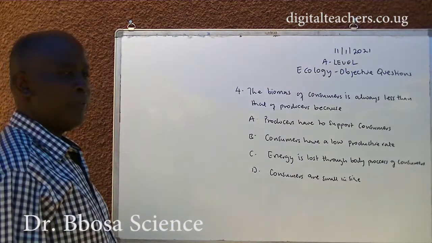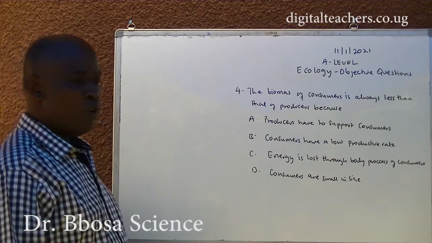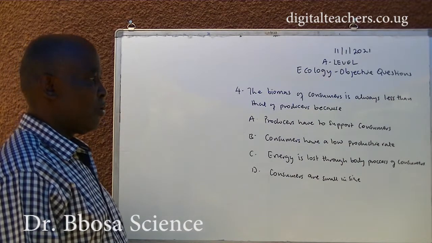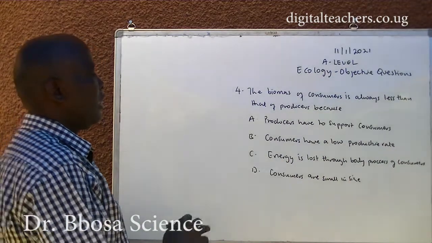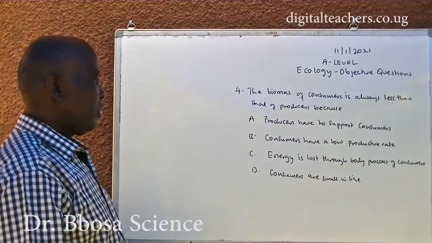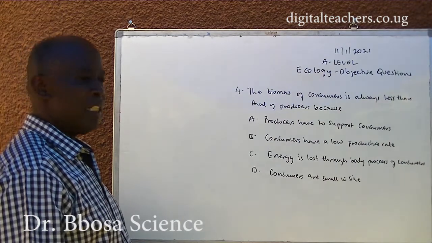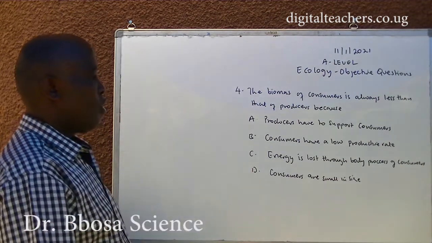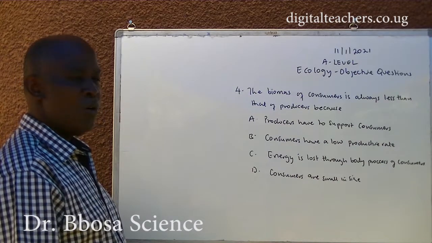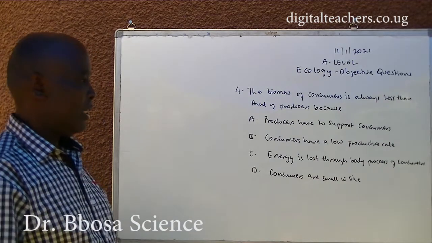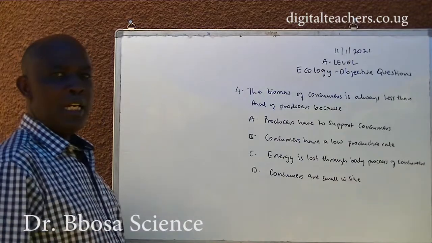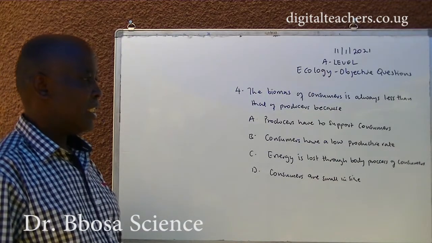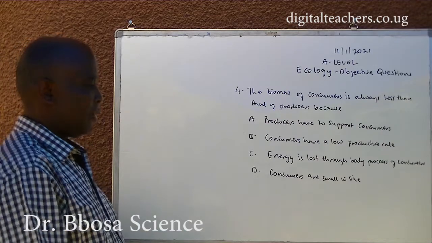Number 4. The biomass of consumers is always less than that of producers because A. Producers have to support consumers. B. Consumers have a low productive rate. C. Energy is lost through body processes of consumers.